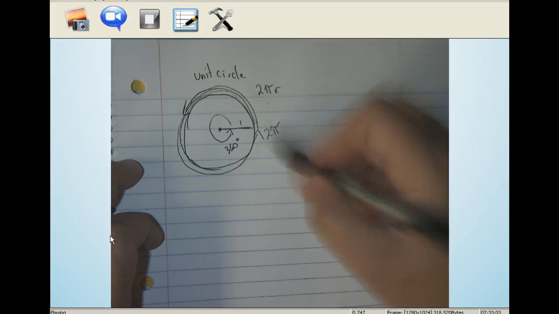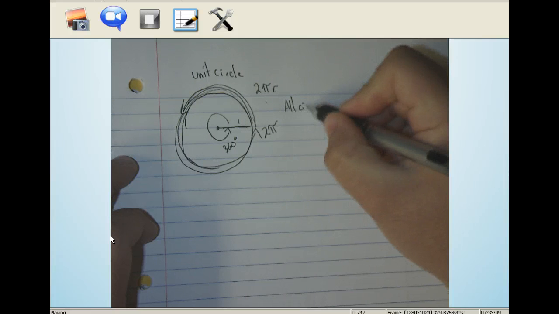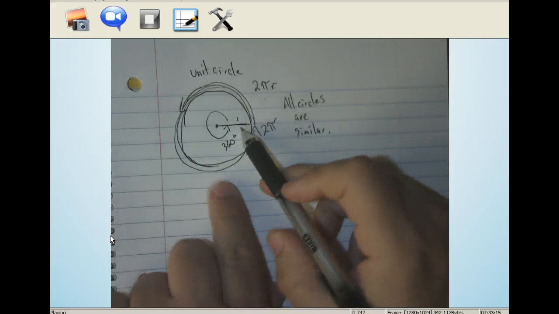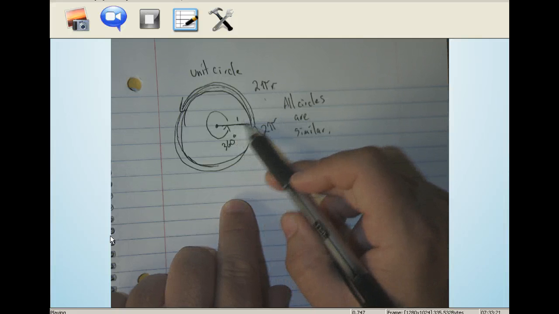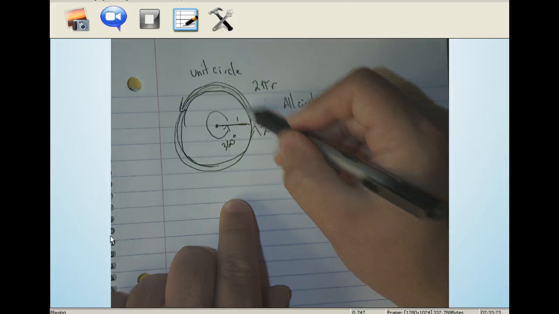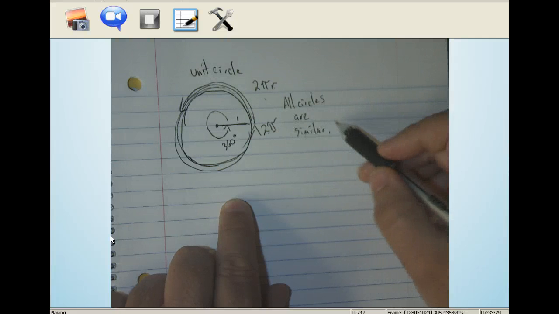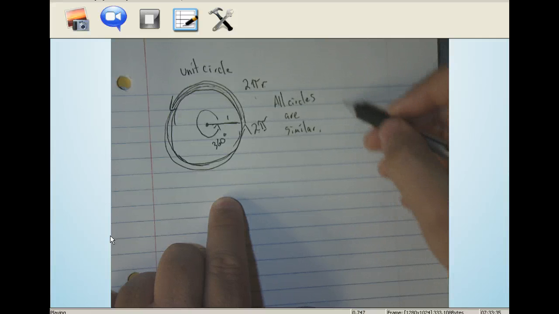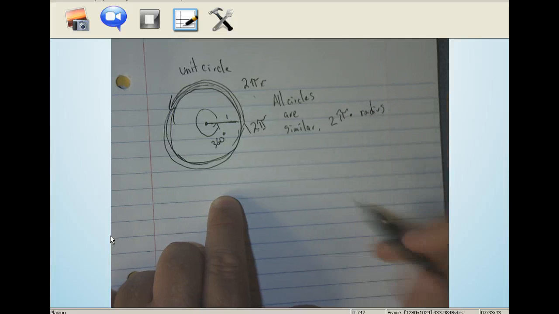Okay, and the reason this is useful is because all circles are similar. So if I know that the unit circle with one unit has a complete turn, or complete revolution, of 2 pi radians, then I can figure out any circle by just taking those same 2 pi radians and multiplying by the radius of my new circle, because all circles are similar.